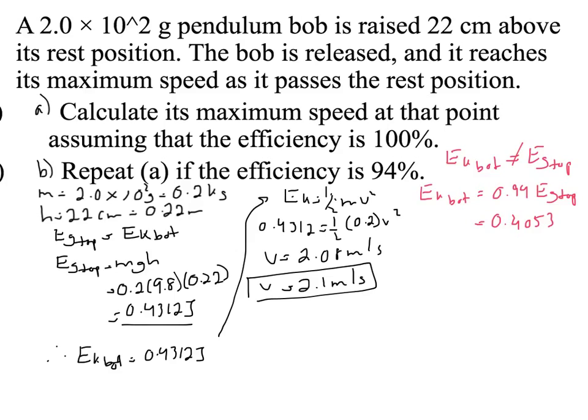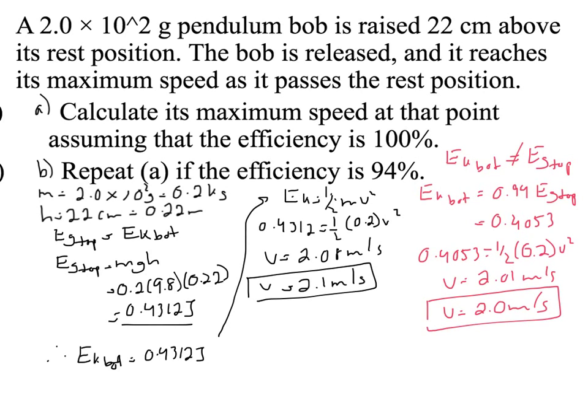Now we just do the same thing. We say that 0.4053 equals 1/2 times 0.2 times v squared. We get a v equaling 2.01 meters per second. Therefore, v equals 2.0 meters per second at 94% efficiency.